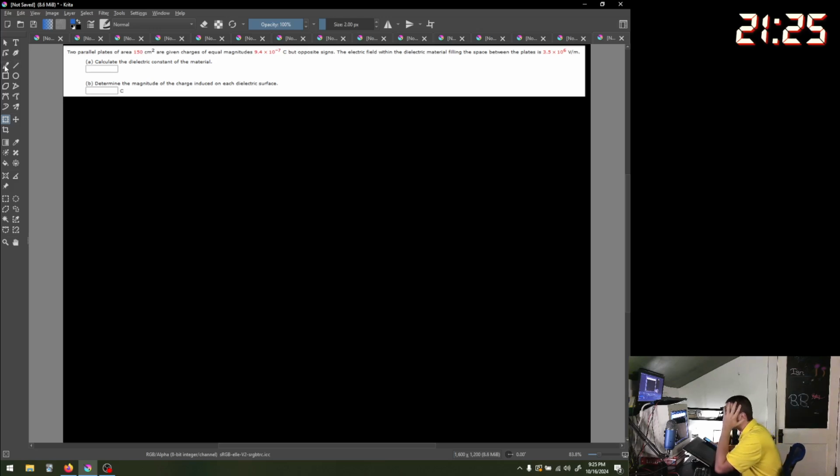Okay. So we have two parallel plates. We have an area equals 150 centimeters squared, which we have to convert to meters squared. Equal magnitudes of charges, Q, 9.4 times 10 to the negative 7, but opposite signs.